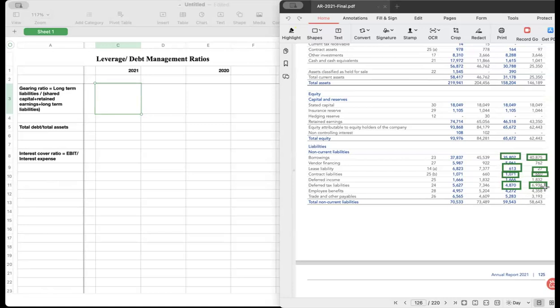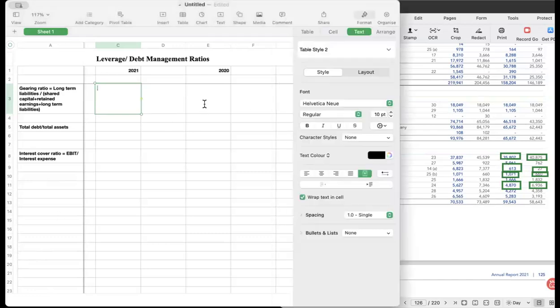Everybody calculate, please. 4875 plus 27 plus 660 plus 6936. 48,498.